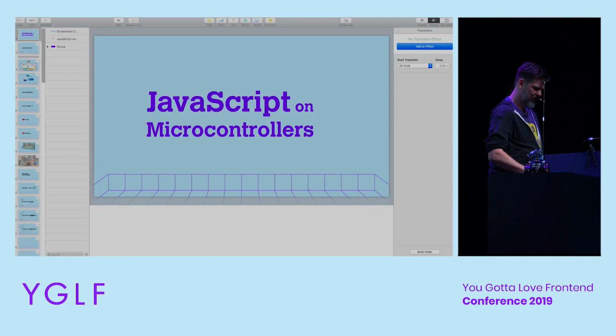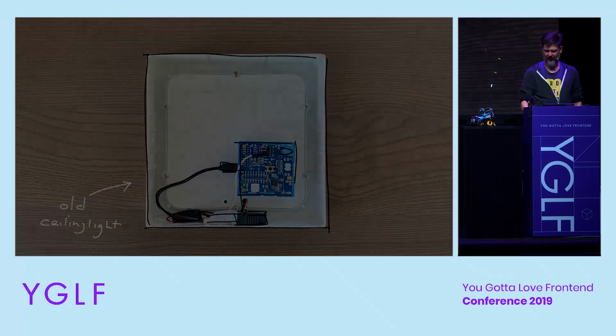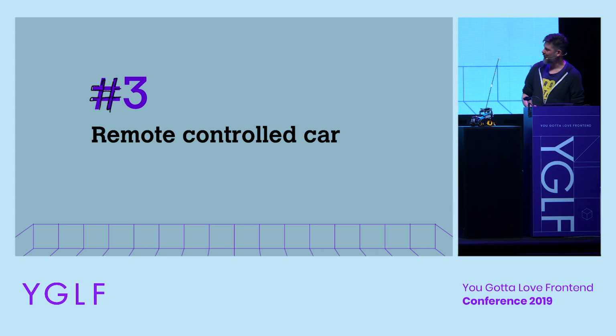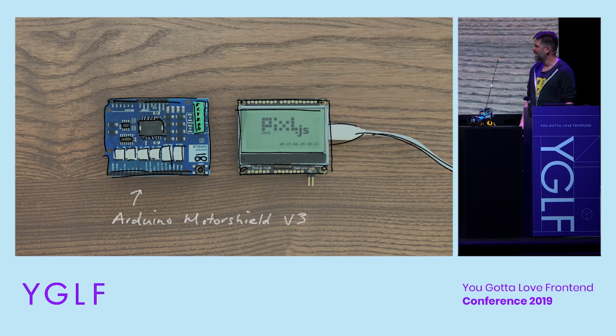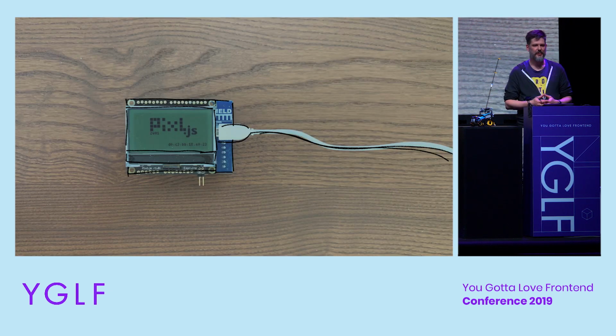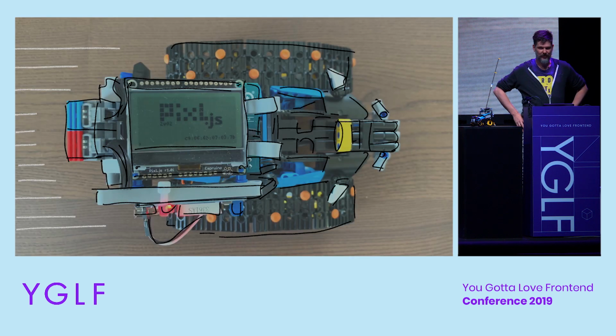I'll go back here for a bit. We've had the pixel display, the remote-controlled car. This is just a Lego car, and I added an Arduino motor shield and the Pixel.js, and well, they snapped together, and I built some Lego to connect it to the car, and then it should start driving.